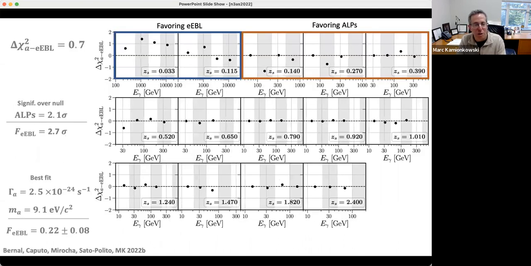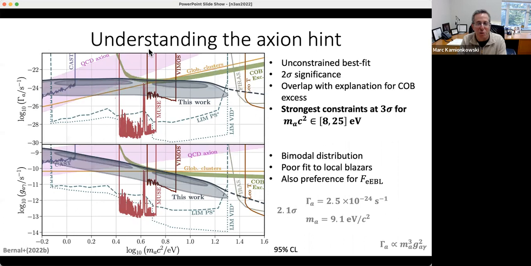To make a long story short, here's the long story. So these are different sources at different redshifts, and the inferred values of the chi-squared for the fit to tau and the model parameters. To make a long story short, for some sample of the gamma ray blazars, we actually obtained some 2 sigma-ish hint of a non-zero detection of an excess of optical photons beyond those expected from the galaxies that we know about.